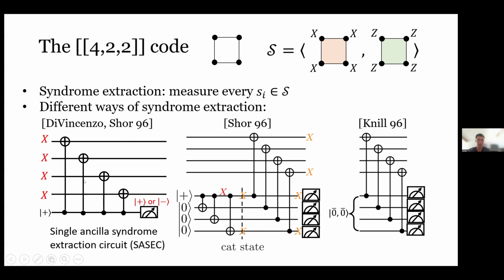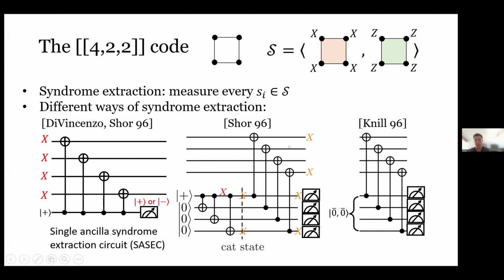Then you do a series of CNOTs between the ancilla and the 4 physical qubits inside the code. Finally, you perform a projective measurement on the ancilla and read off the value of the stabilizer. We call this the single ancilla syndrome extraction circuit in our paper, but the original proposal is in a paper by DiVincenzo and Shor in 1996.